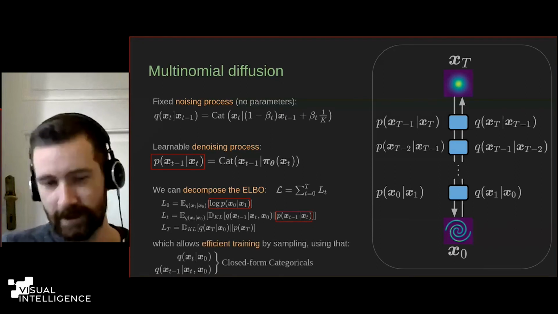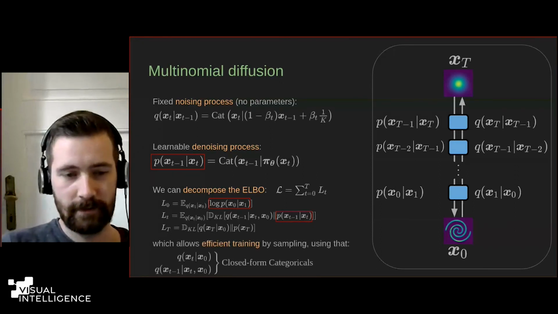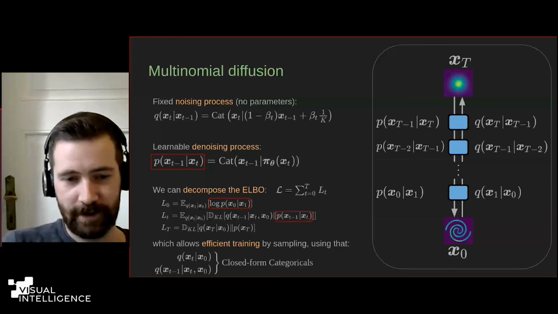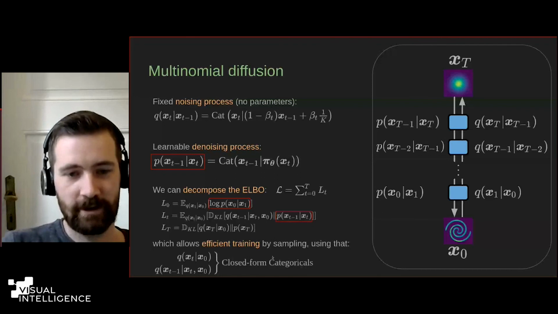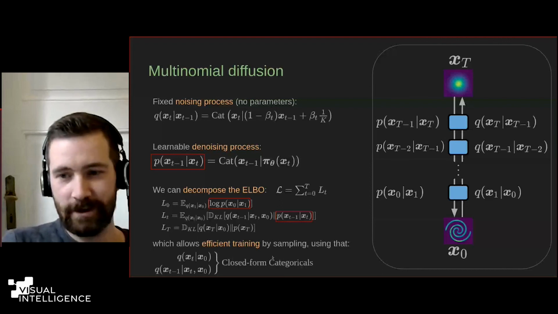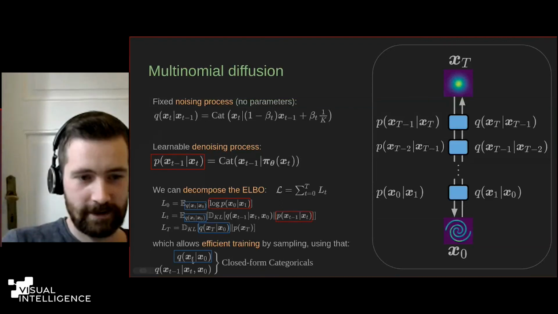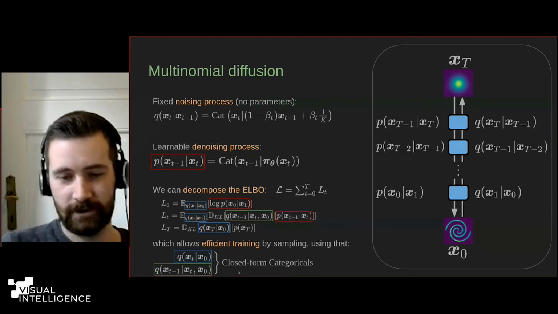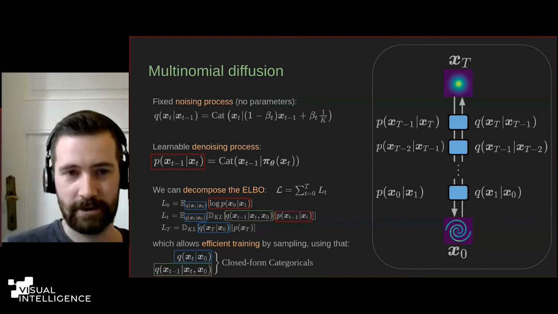And we can again train them efficiently by sampling random layers. Now, instead of closed-form Gaussians, of course, they are closed-form categoricals. So you can also jump to scramble to any layer here. This is closed form. You can use Bayes' rule. This is also closed form. So everything works out very nicely, as in the Gaussian case.